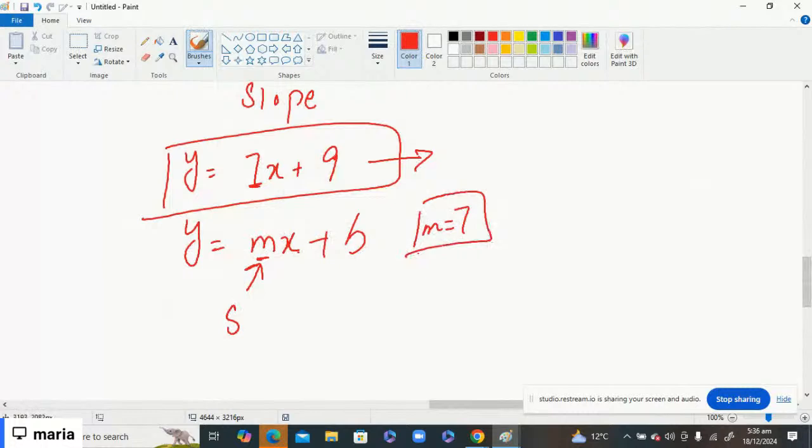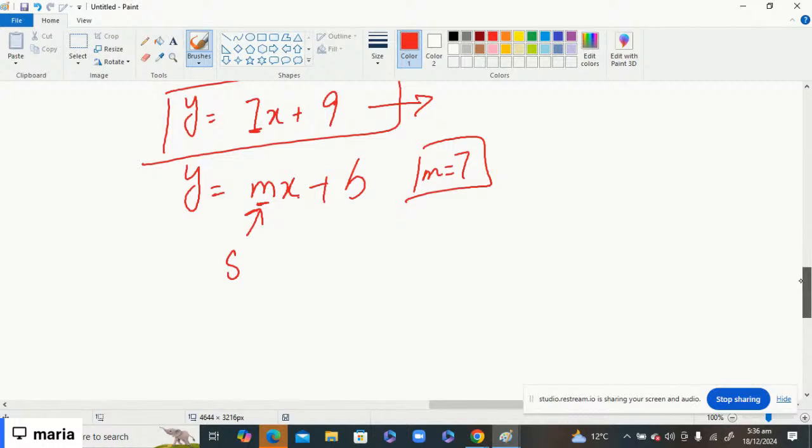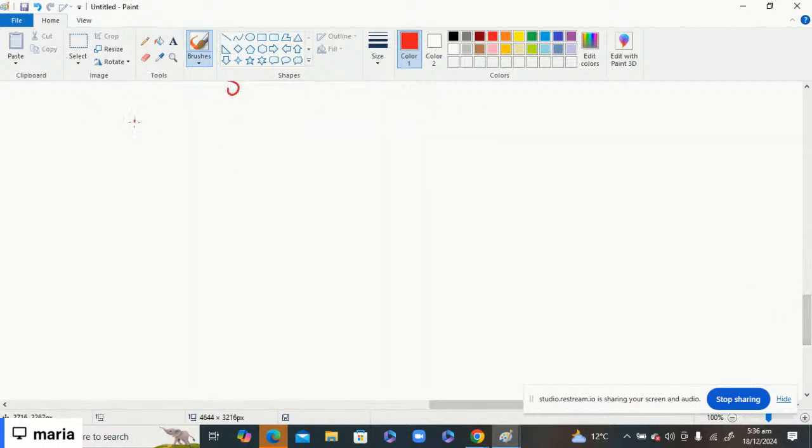Okay, let me write some questions here, then you tell me what the slopes of these questions are. So here, what are the slopes for this?